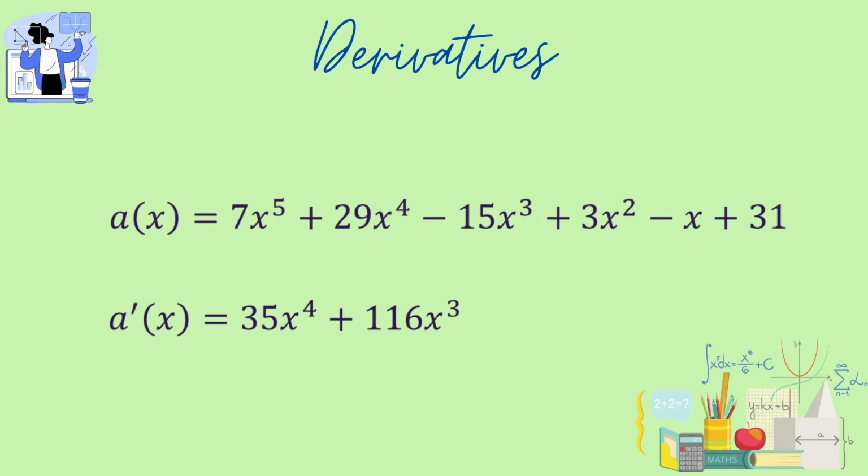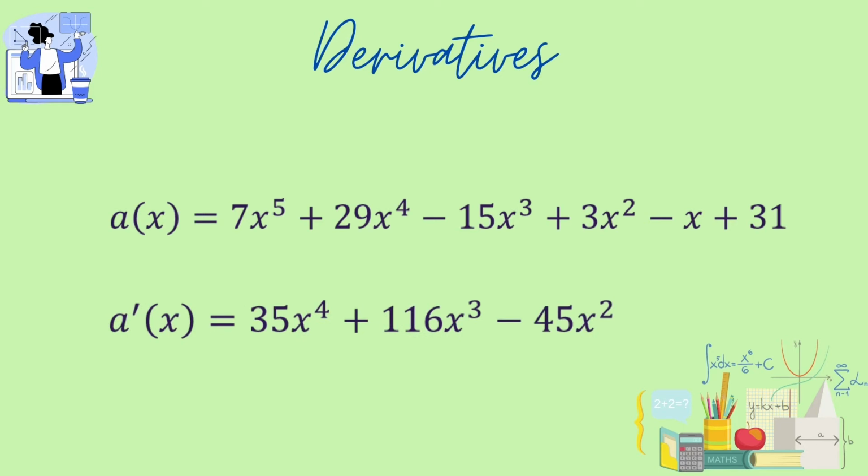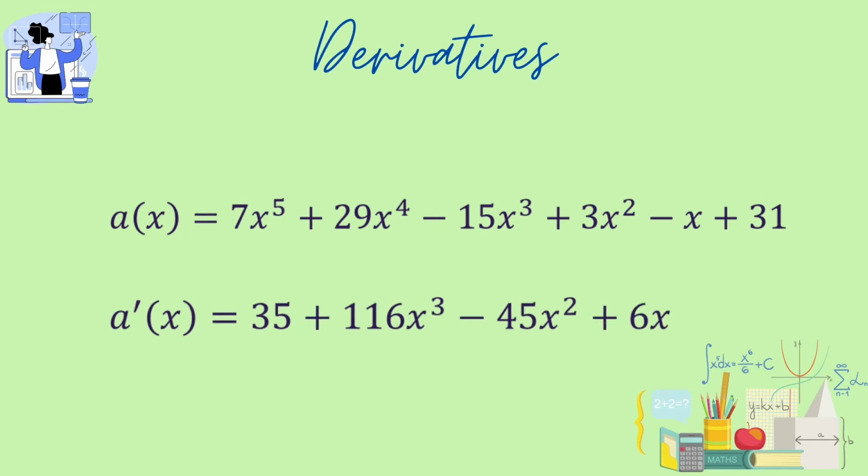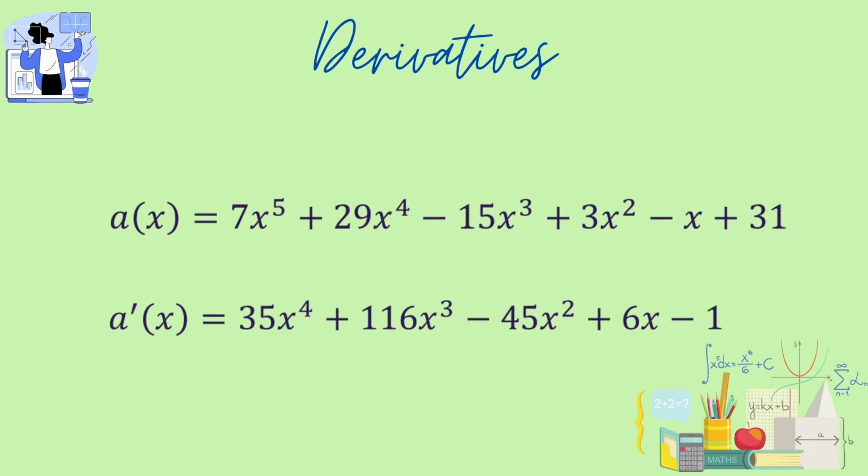Next term is negative 15 times 3 with a numerical coefficient of negative 45 and x having the exponent 3 minus 1 or 2, plus 3 times 2 or 6 times x raised to 2 minus 1. The derivative of negative x is negative 1 times x raised to 1 minus 1 or 0, and the derivative of the constant 31 is 0.